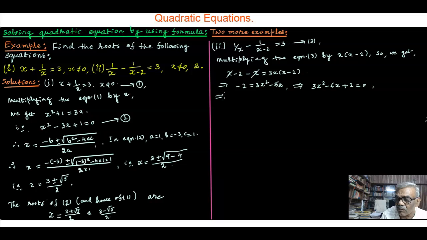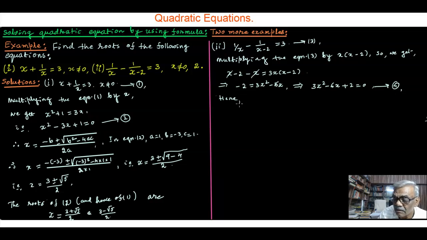Dividing throughout by 3, we can't divide, otherwise it is going to be a fraction. We call this equation 4.